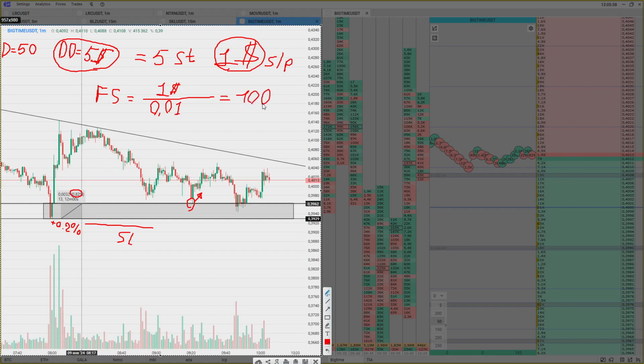$100 is your entry size. There is a fixed entry size that you place just here, and simultaneously you place $100 for purchase here just on the border of the zone, and here where the stop loss is you place another pending order for $100 for sale, or you just place stop loss when it's activated.